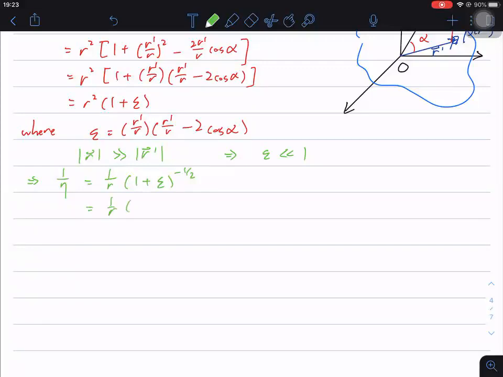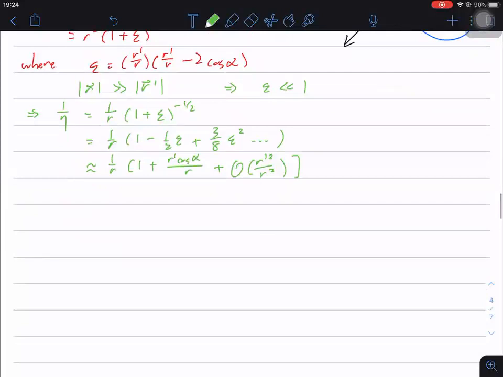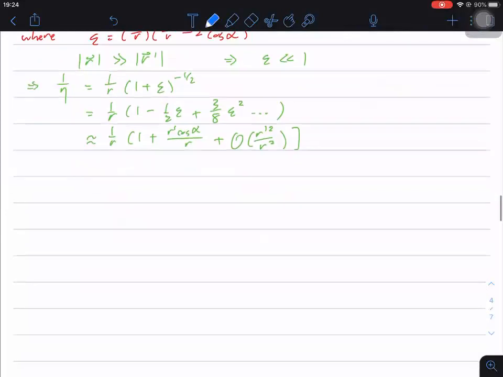Then we can take the Taylor expansion, keeping the leading order as well as the order of r prime over r. For the order r prime square over r square, we just ignore it and treat it as a higher order term.